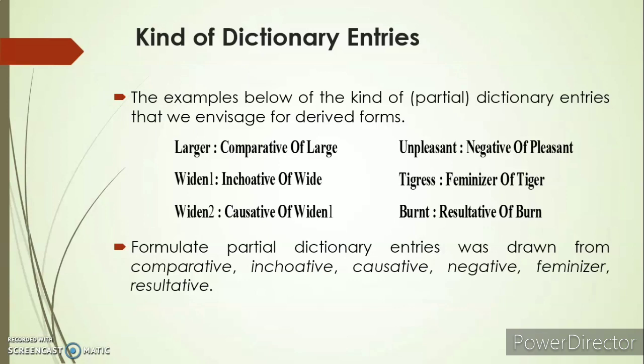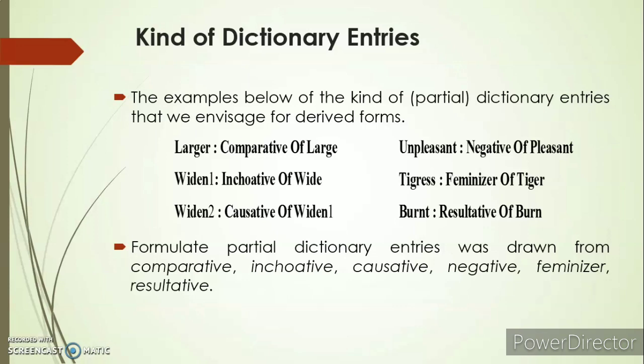And next, the kind of dictionary entries. The example below is of the kind of partial dictionary entries that we envisage for derived forms. Here, larger is the comparative of large.